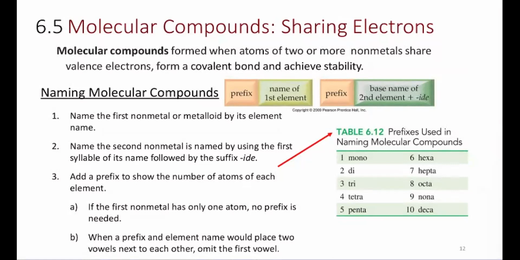So all the work that we have done so far has been derived from the periodic table, because remember that your group number is going to tell you specifically how something gets to be a cation or something gets to be an anion. In molecular or covalent compounds, we are sharing electrons. So remember, these compounds come from sharing electrons.